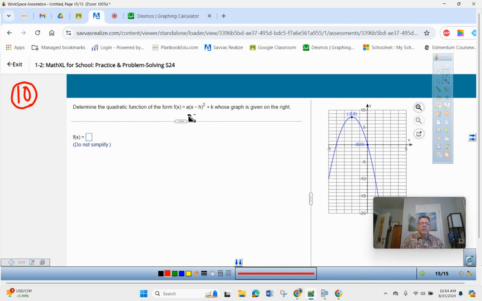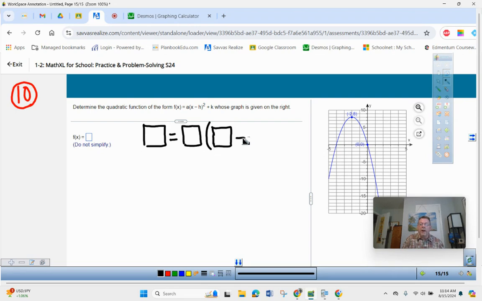Okay, so what we're going to do here is rewrite this entire thing with a bunch of boxes. Okay. So there's where the y goes, or f of x. Here's the a. And we're going to come over here and see how many of these boxes we can fill in, and then how many we just have to put a variable back in because we don't know yet.